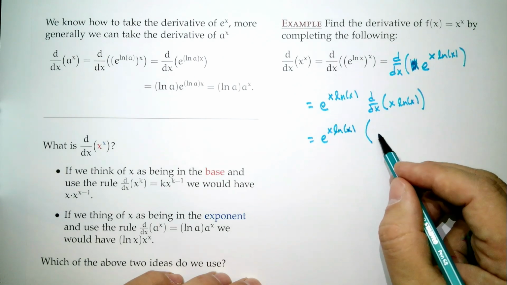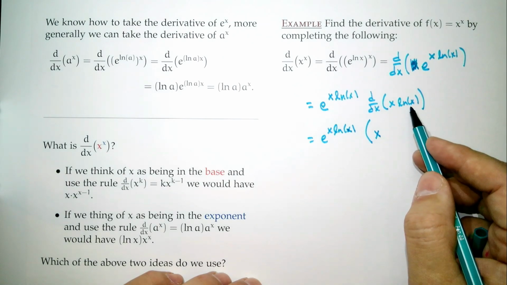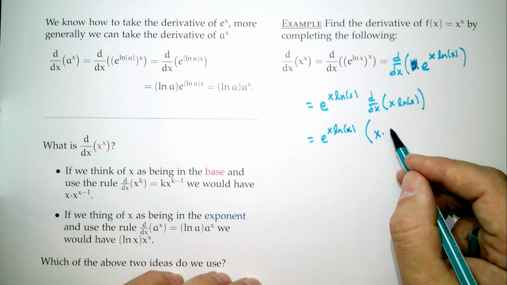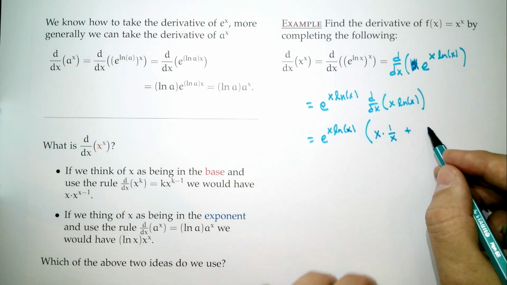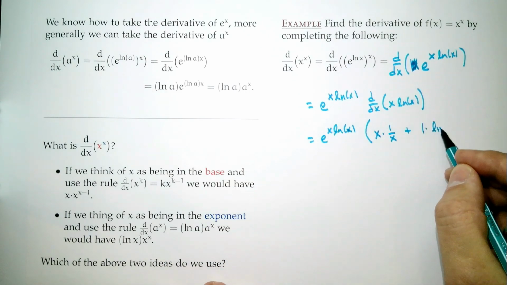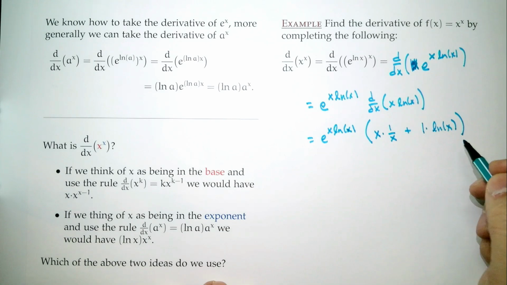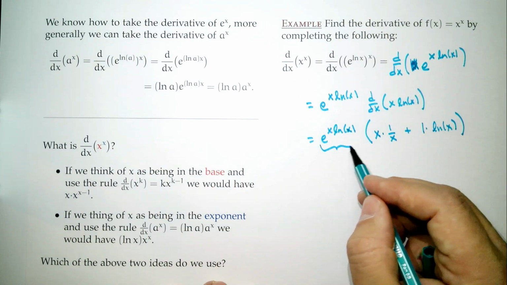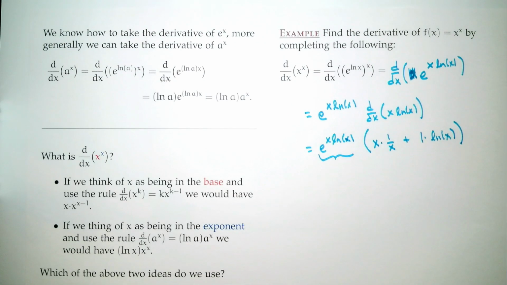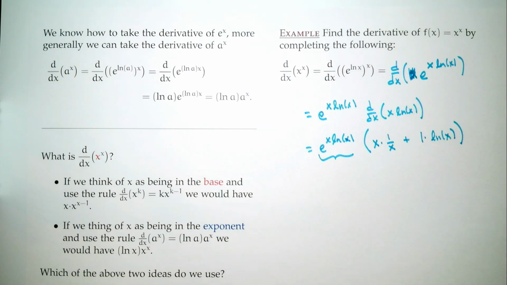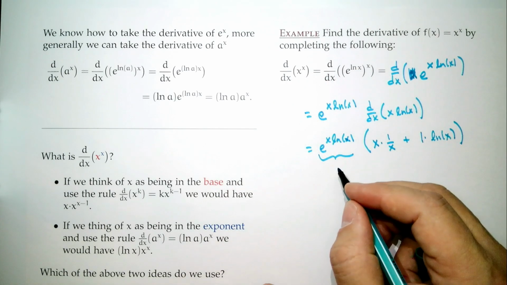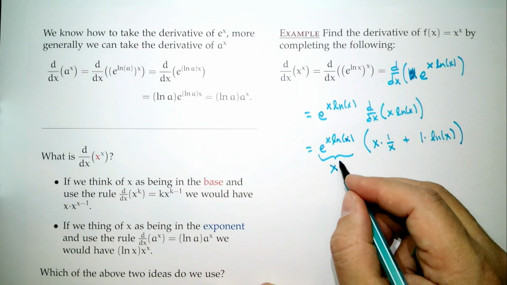Well, I'd have x times the derivative of log of x, which is 1 over x, plus the derivative of x, which is 1, times natural log of x. Now, what can we do with this e to the x log of x? That is just another way of writing what we started with. So that would be x to the x.